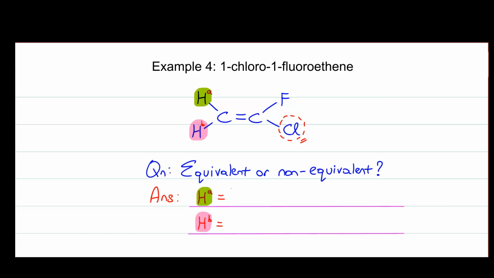Hydrogen A is cis to fluorine and trans to chlorine, while the other hydrogen B is cis to chlorine and trans to fluorine. Those are different environments, so they give different signals. Thus, we should expect 2 different signals.